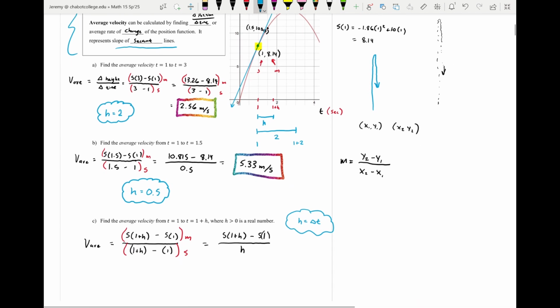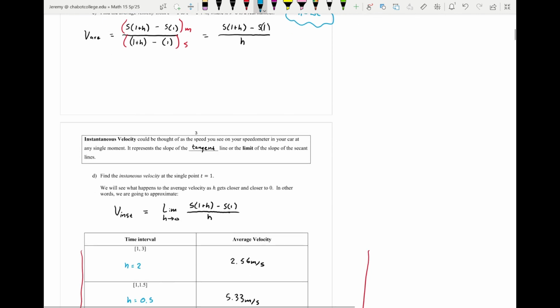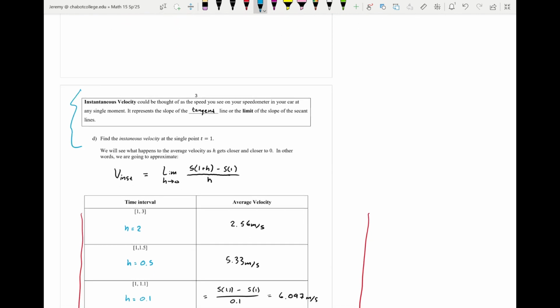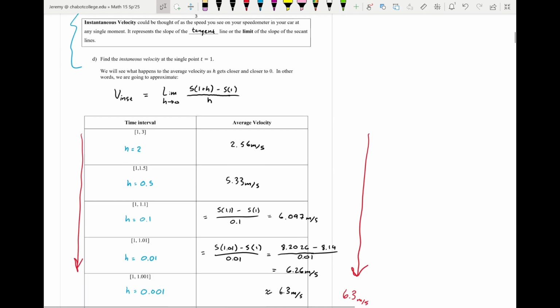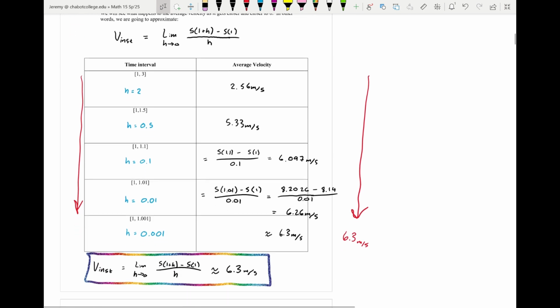Okay, so average velocity is kind of the easier one to find. Instantaneous velocity is way trickier. In order to find this, we need to find the slope of the tangent line, which ends up being the limit of the slope of all the secant lines. So we have to go through this process of computing a limit.